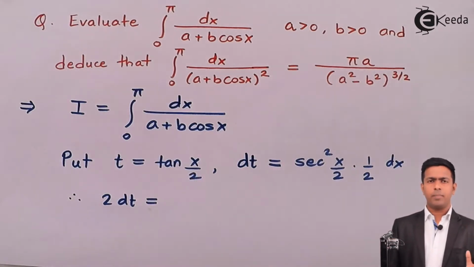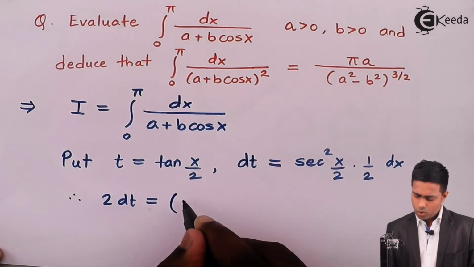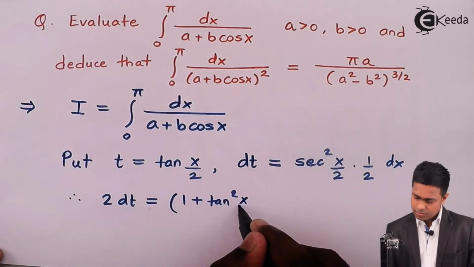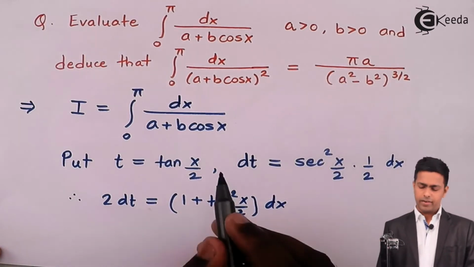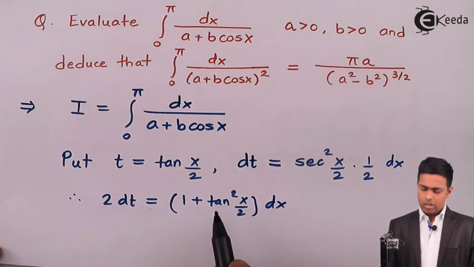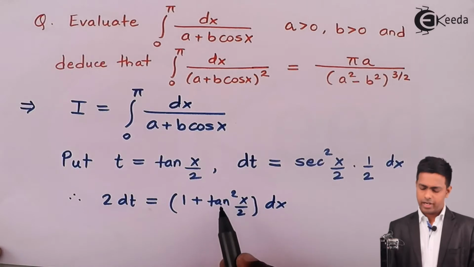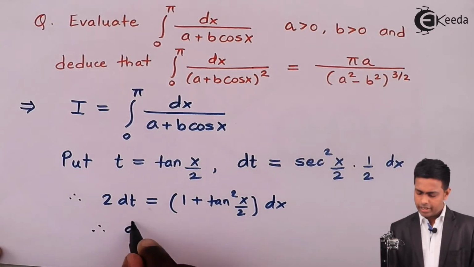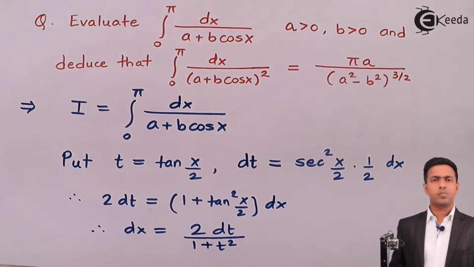So we know that 1 plus tan square theta is sec square theta, so this will be 1 plus tan square x by 2 into dx, and I have already shifted 2 on the left hand side. Now this tan x by 2 is t, so this will become 1 plus t square, and we can take this 1 plus t square in the denominator. So guys, therefore we get dx as 2 dt upon 1 plus t square.